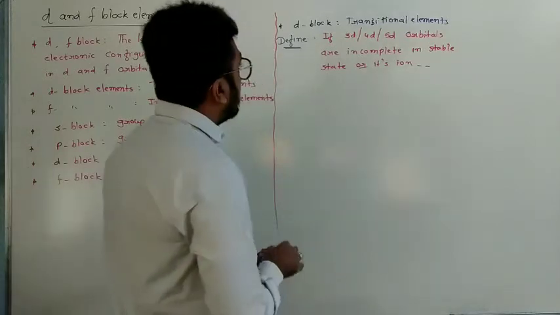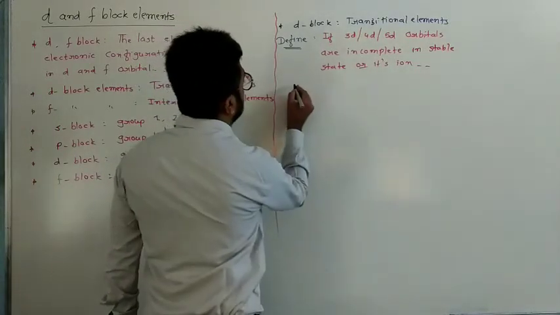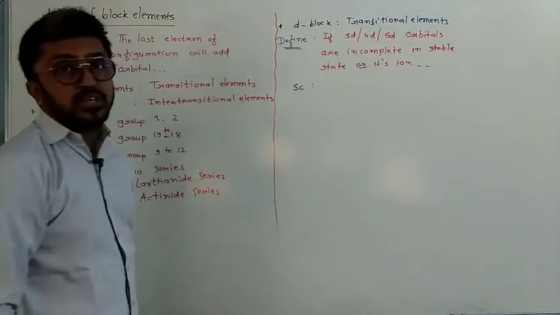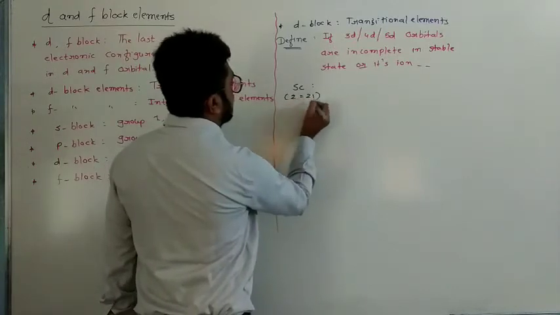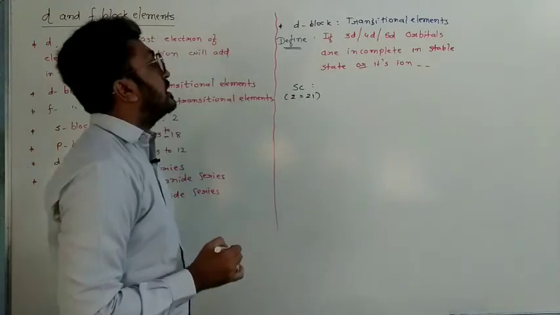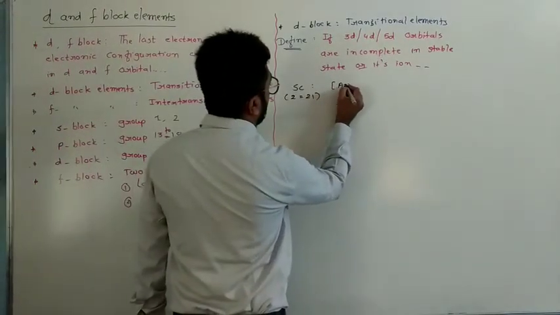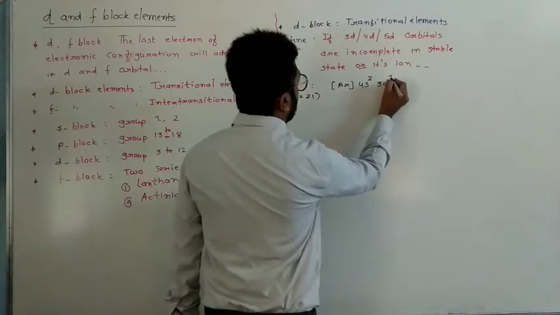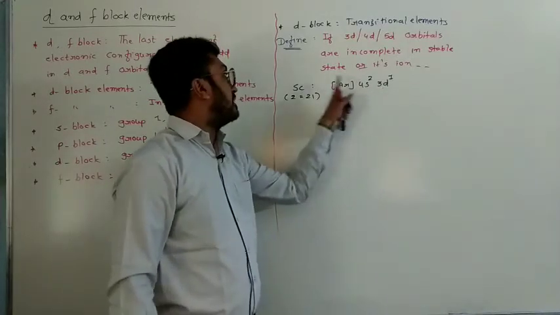Again I will give you a very important example about the transitional series. Just see, if we are discussing scandium, its atomic number is 21 and the configuration is argon 4s2 3d1. So just see, the 3d orbital is incomplete in scandium.